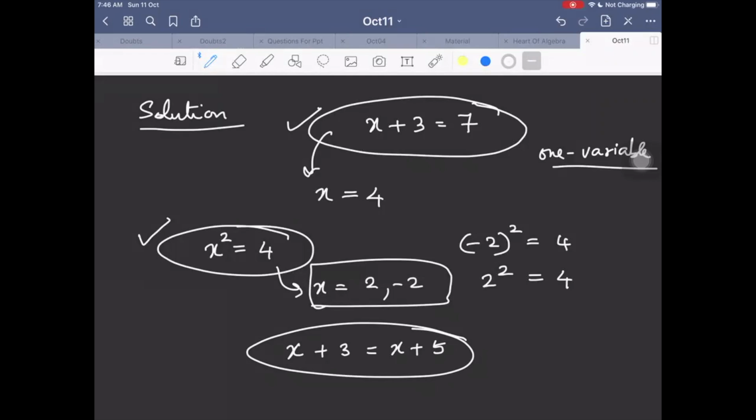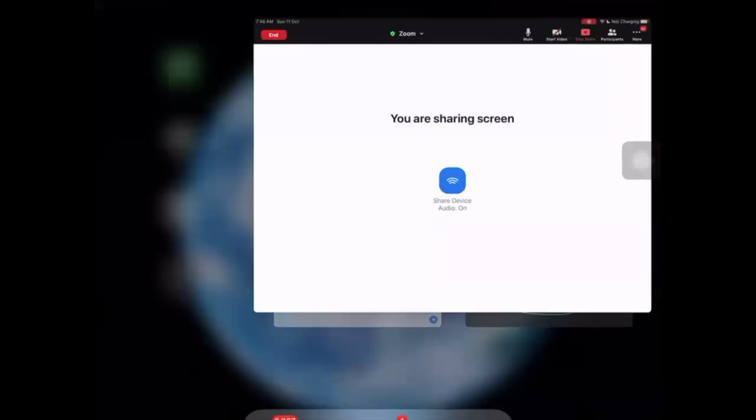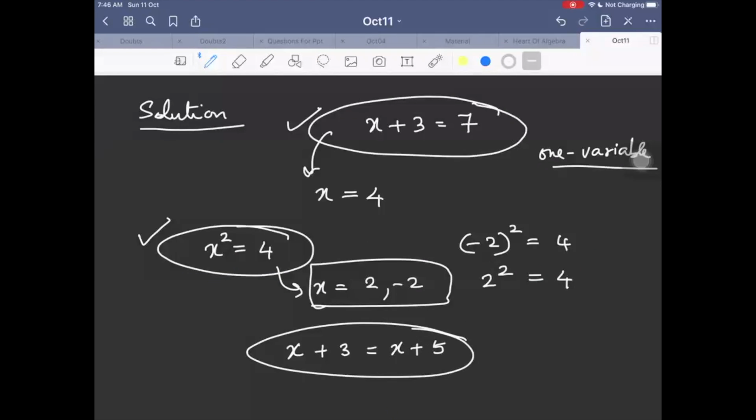What do you think will be the solution? There is no solution, because you can't find a value of x. Can you think of some value which is going to make the statement true? Absolutely not, right?